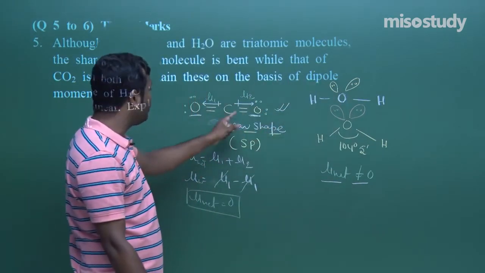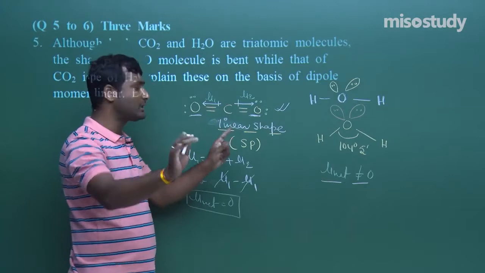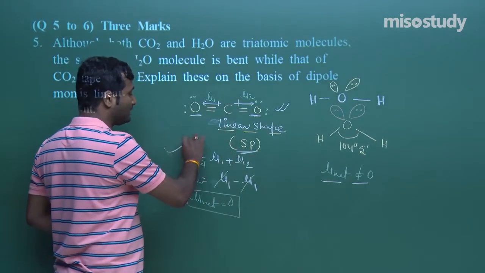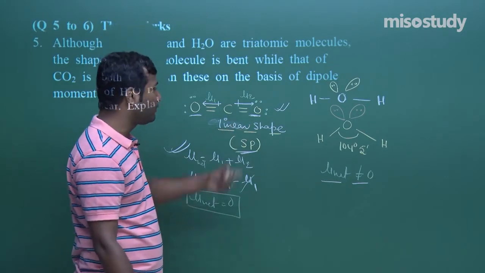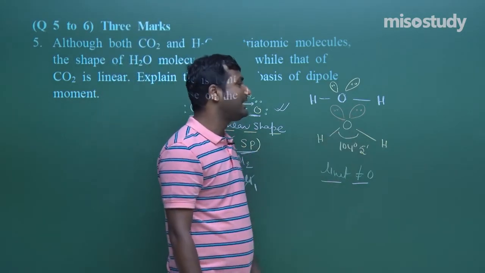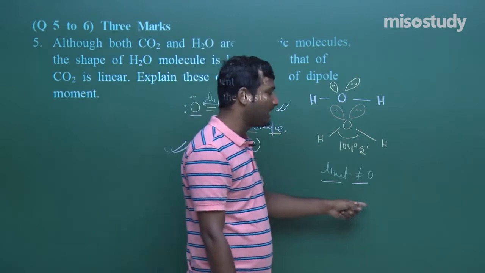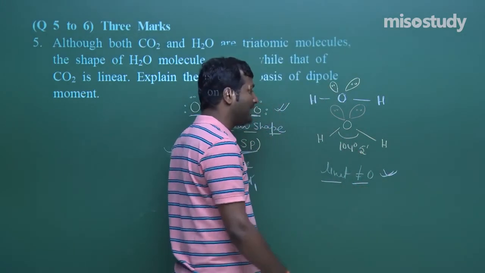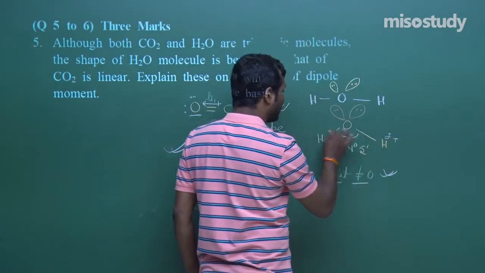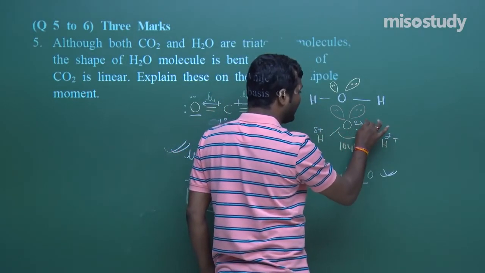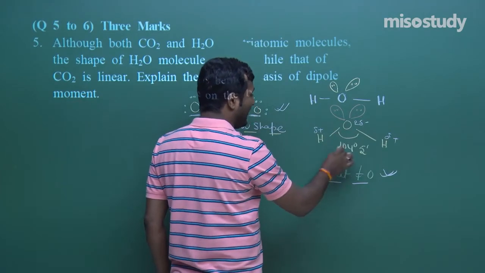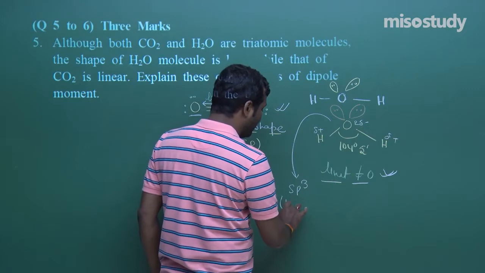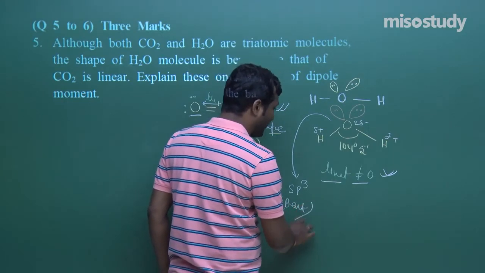So CO2 has no lone pair, no such repulsion, linear shape, hybridization sp, so the net dipole moment is 0, no polarity. But in H2O there is an involvement of lone pair of electrons, so it will have a net dipole moment, and due to this reason the dipoles, plus and minus signs combine, the bond angle is 105 degrees, hybridization sp3, and the shape is, my friend, bent.